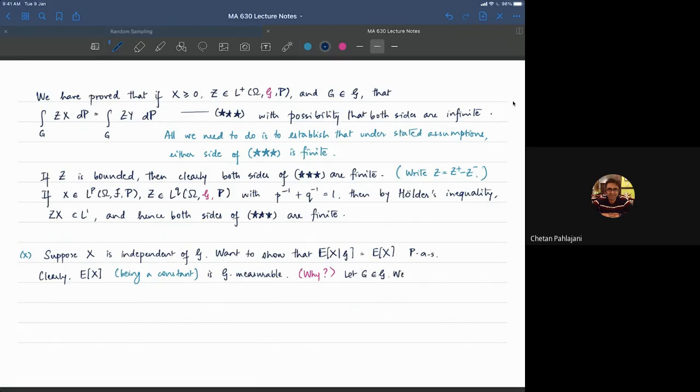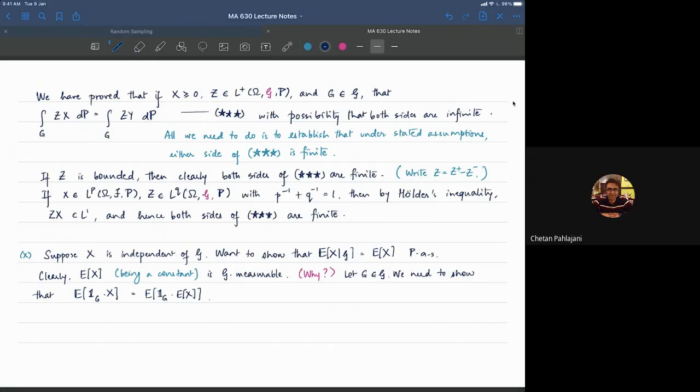So we need to show that, what do we need to show? We need to show that the expectation of indicator G times the random variable equals the expectation of indicator G times whatever we think its conditional expectation is.